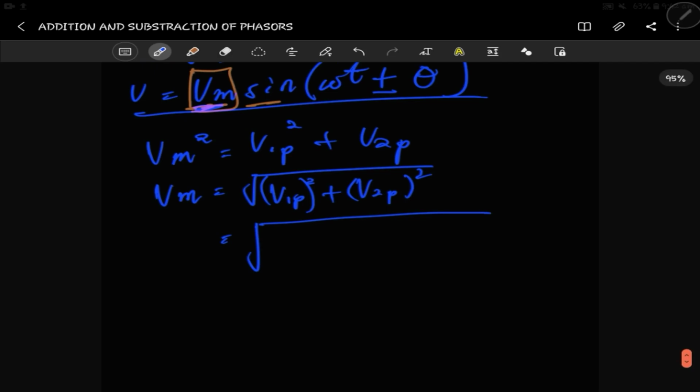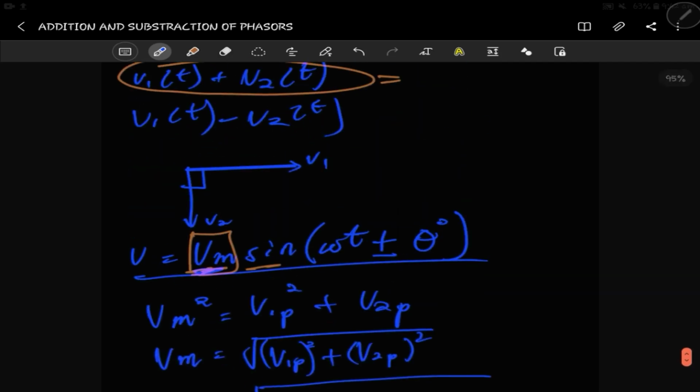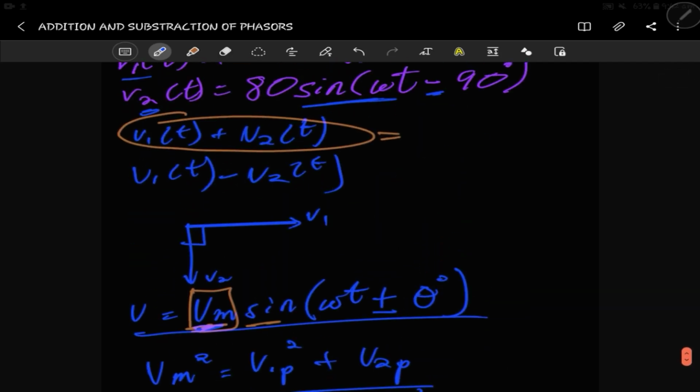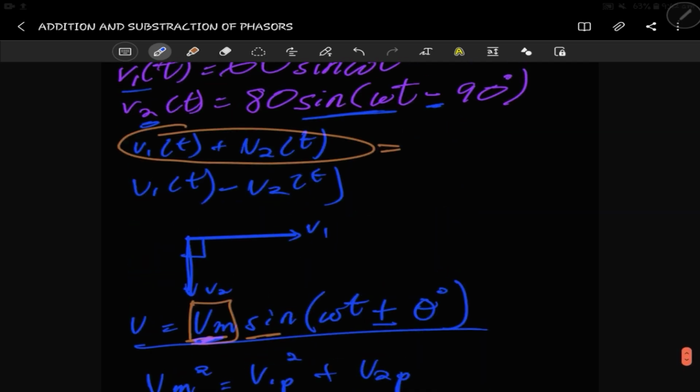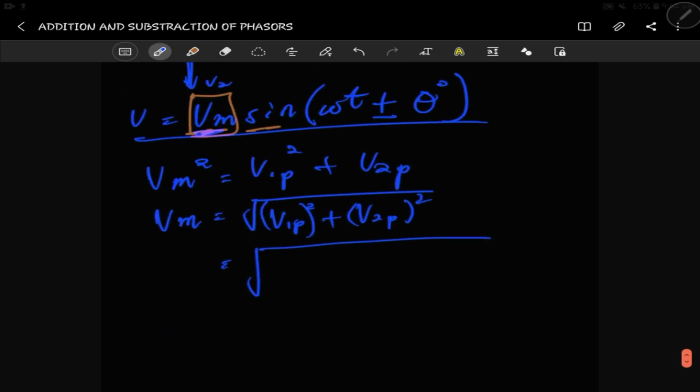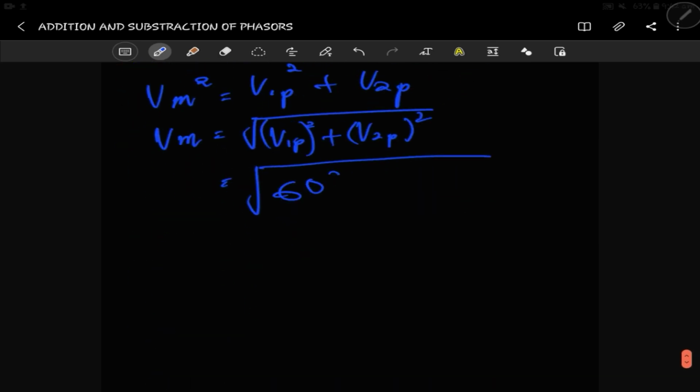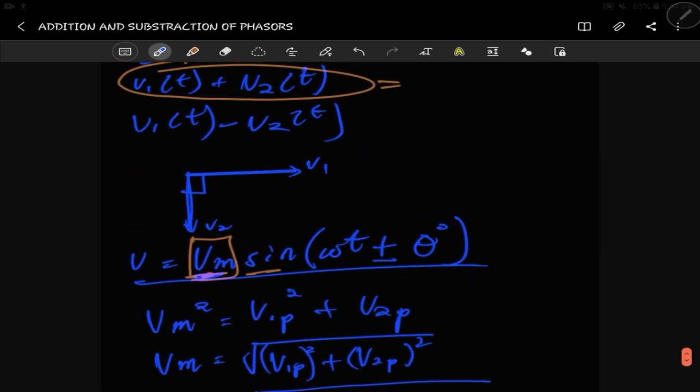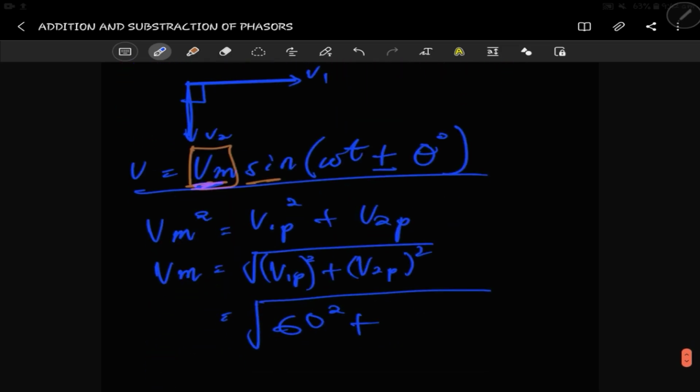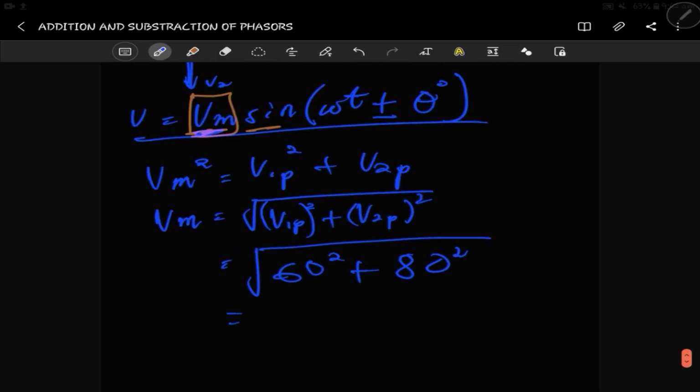Again, this procedure only applies when the quantities they are adding up are 90 degrees to each other. That one is very straightforward. Look at another example. The peak for the v1 is 60, so we have 60 squared, and the peak for the v2 is 80. So then 80 squared. So that will give us this.